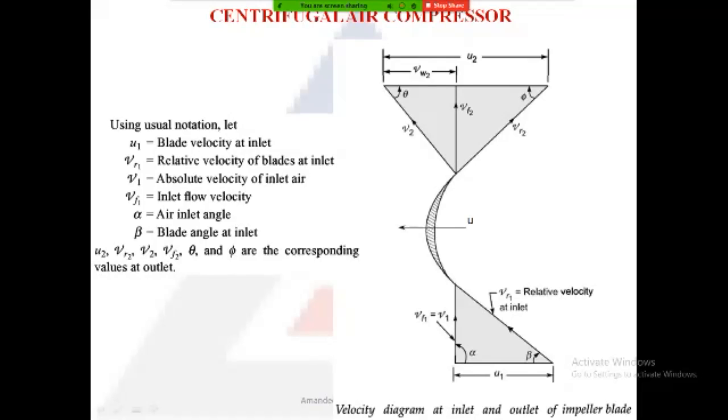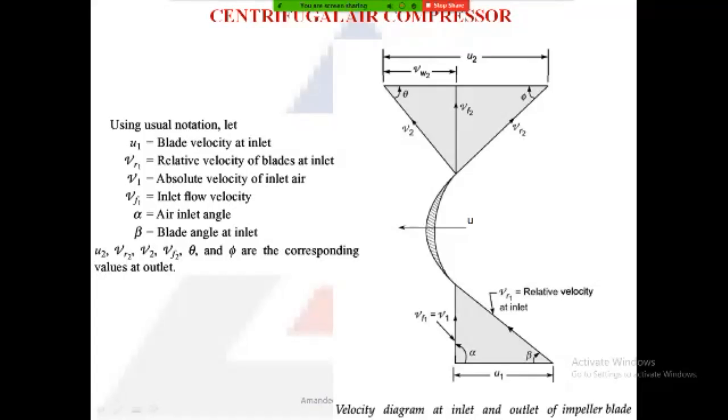So the blade velocity at the inlet will be given by the radius R1 into omega, and the velocity at the tip or the exit of the blade will be given by radius R2 into omega. Now R1 is small and R2 is big. This means the blade velocity at the inlet will be small, so that is why U1 is small. And the blade velocity at the exit is big, given by R2 omega. So U2 is big.